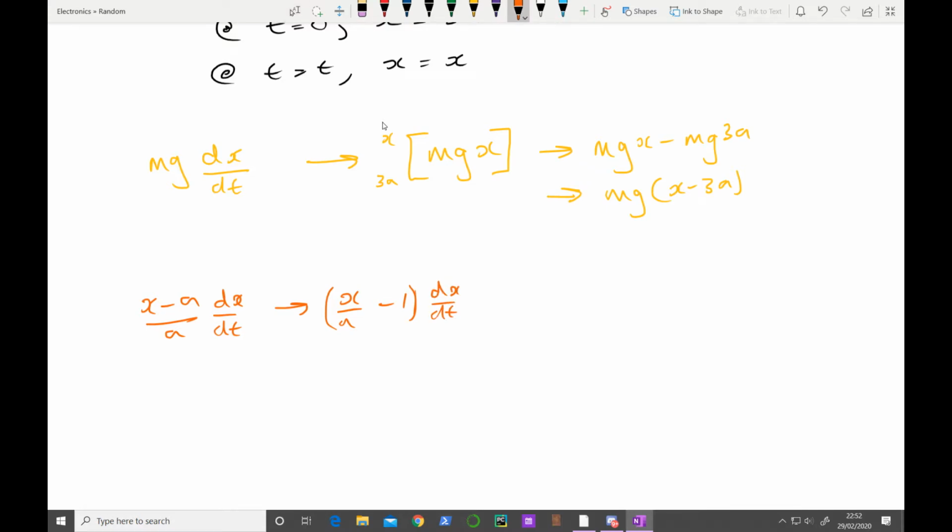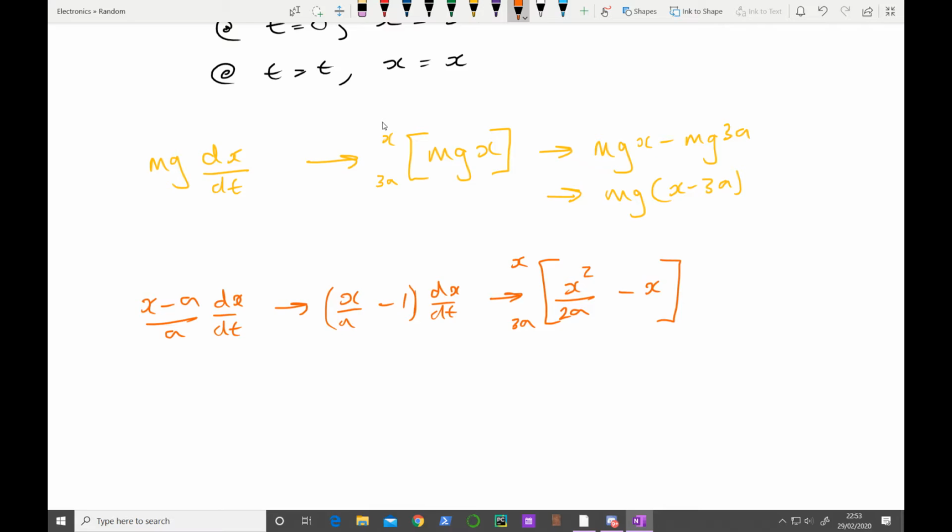When we integrate that, we are going to get x squared over 2a minus x, and we need to put that between the limits of, again, x and 3a.